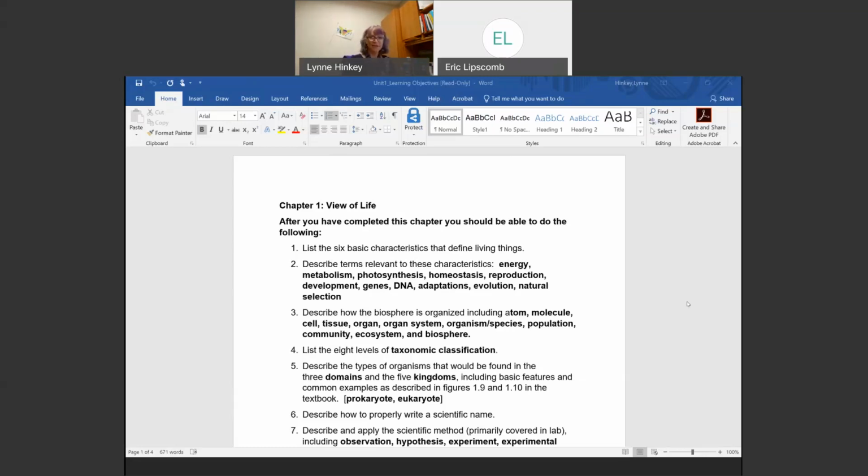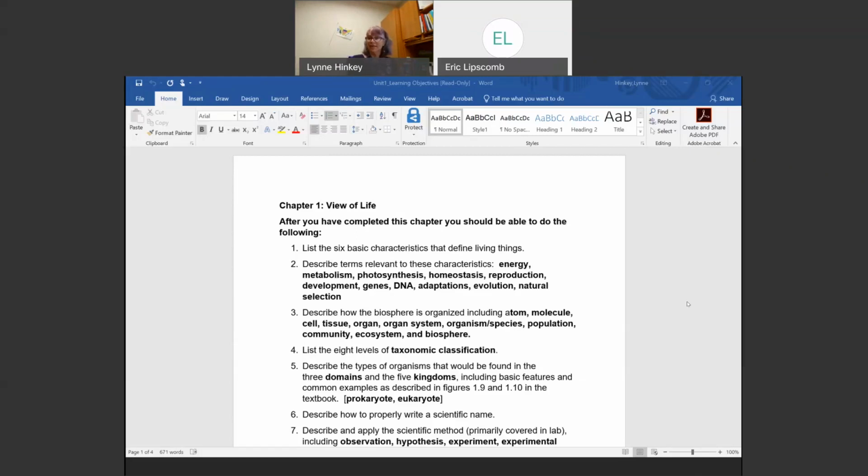Then all our organ systems make an individual organism, and all the organisms of the same type are a species. All of the organisms of the same species within a given habitat are the population. All the different living organisms that live in a given area are the community.